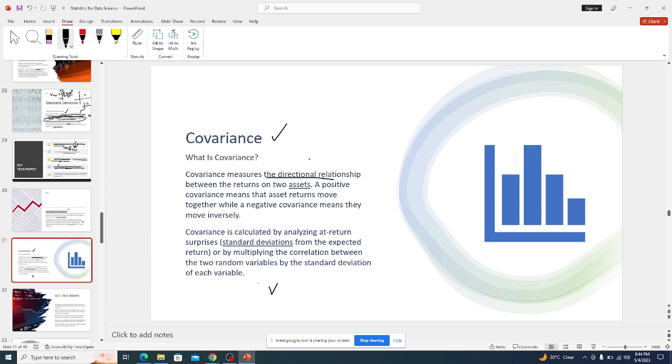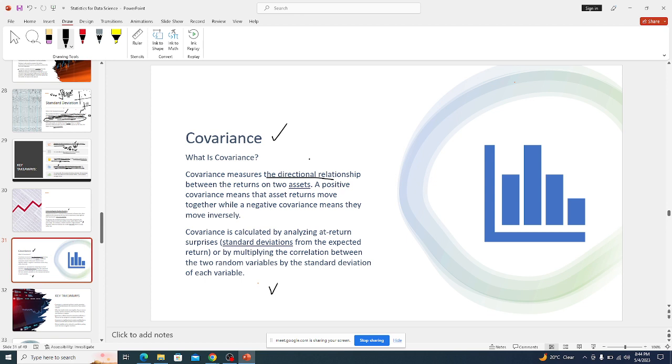Of course, the value of covariance is the one which shows us the degree. But the major thing that covariance shows us is the directional relationship.